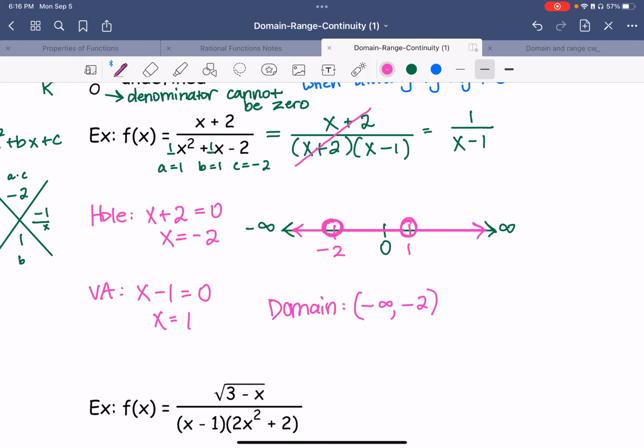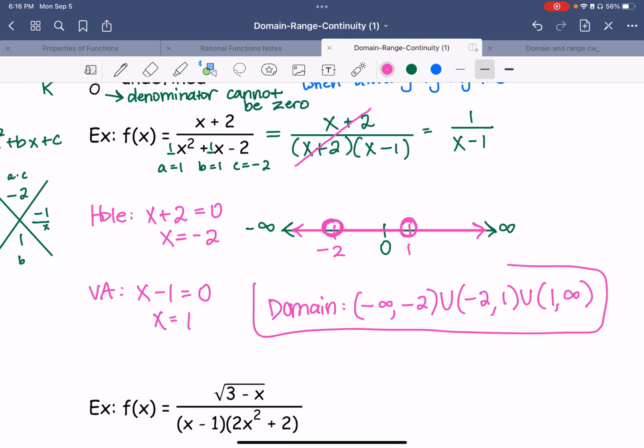To put different pieces of the domain together, you're going to use the union symbol, which is the letter U. And then we have our next piece of the domain from negative 2 to positive 1, parentheses for the vertical asymptote, union 1 to positive infinity. So again, we went to negative 2, we had to stop there. From negative 2 to 1, we had to stop again, but then we kept going from 1 to infinity. So this will be the domain of this rational function.